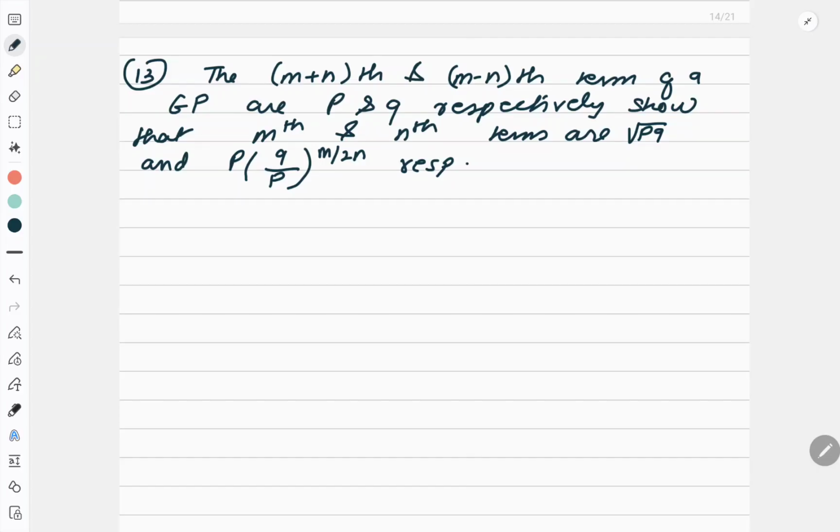The first thing they are saying, m plus nth term means a_(m+n) is given, and it is given as P. Then they have given the m minus nth term, which is given as Q. Correct? And they are asking me to find out the value of the mth term and the nth term.